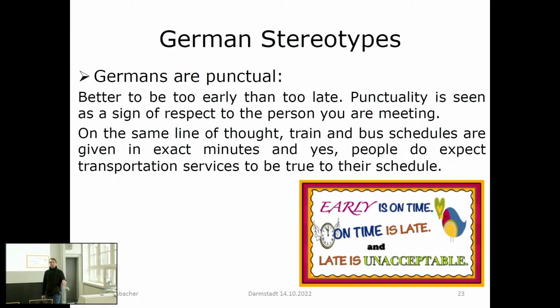Right. It really differs. I agree. It really differs. I'm usually quite on time. I hate being late, really. But I think it's more personal socialization rather than a common thing.